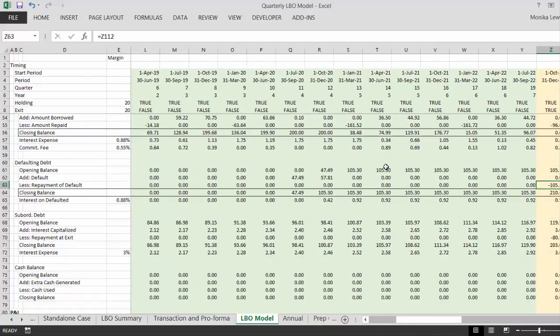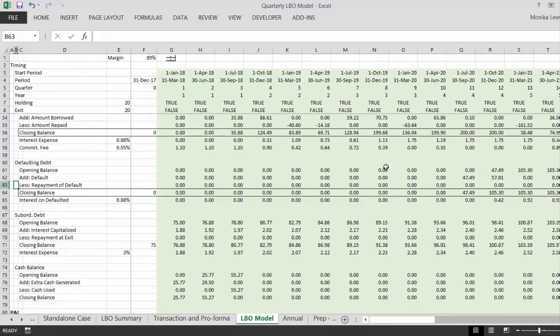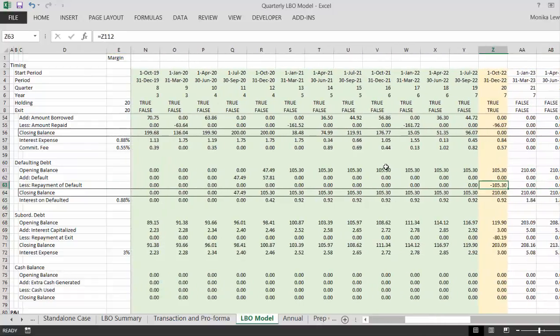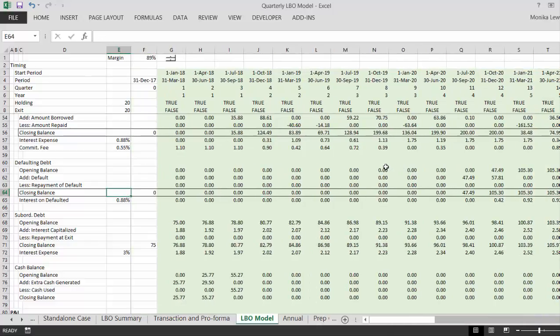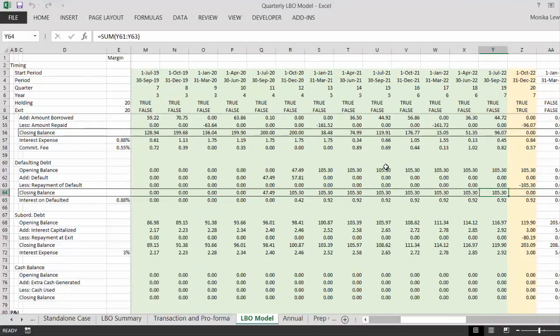And what happens is eventually we repay the defaulted debt at the exit period. And of course I needed to have alt equal. I have applied the Ricardo non-positive number convention, which is very good.